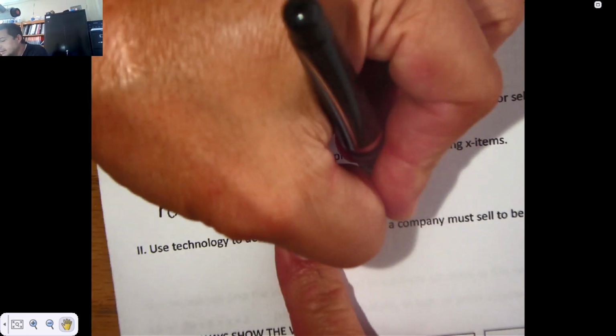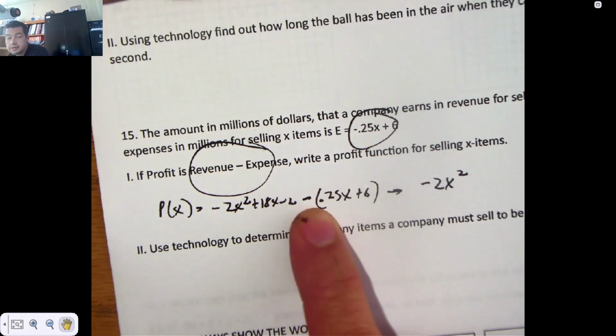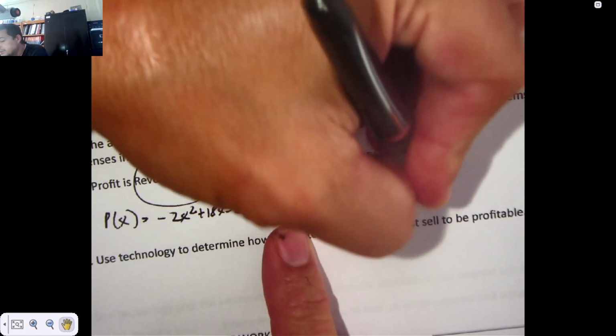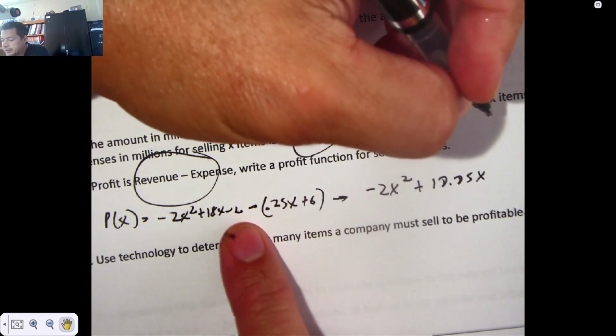Write a profit function. We'll clean it up, put it in standard form: 18x minus 0.25x because we distribute, so 17.75x, and then I have negative 2 minus 6, minus 8. There is my profit function.